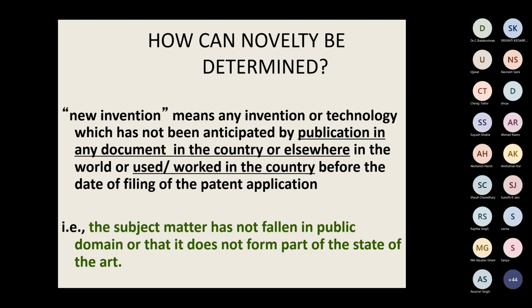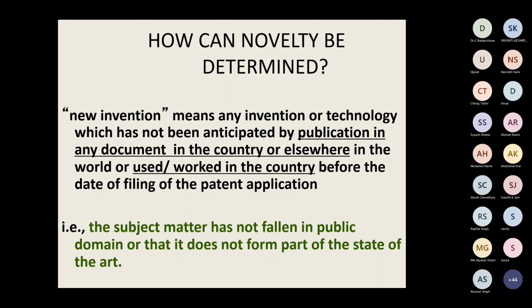A new invention means any invention or technology which has not been anticipated by publication in any document in the country or elsewhere before the date of filing of the patent application that we have discussed.